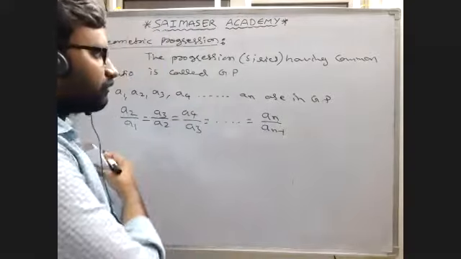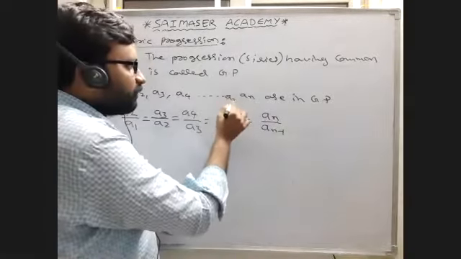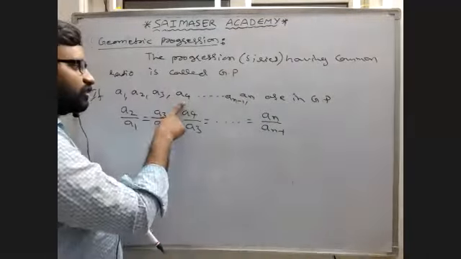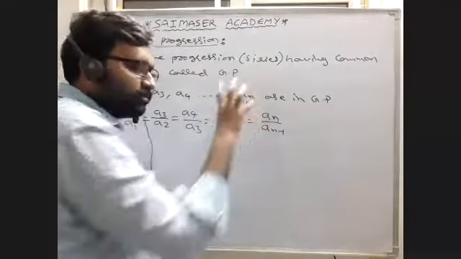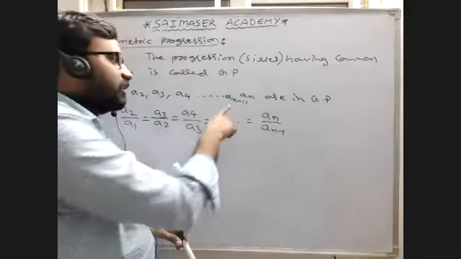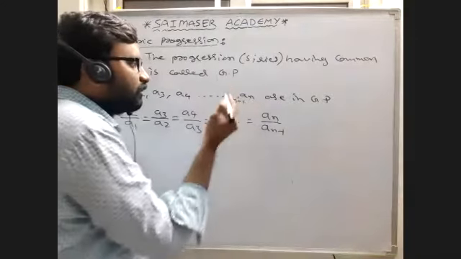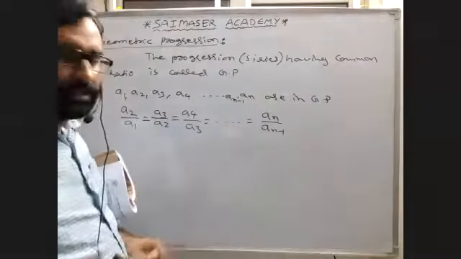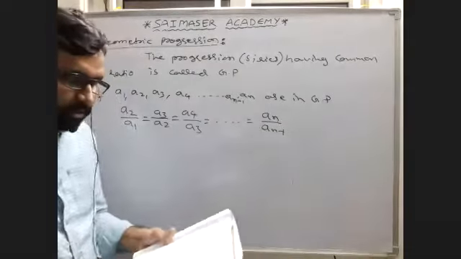This is the nth term, the last term. The one before it is An minus 1, then the An term. So this by this, this by this, and the common ratio should be equal. Then this series is called GP, geometric progression.